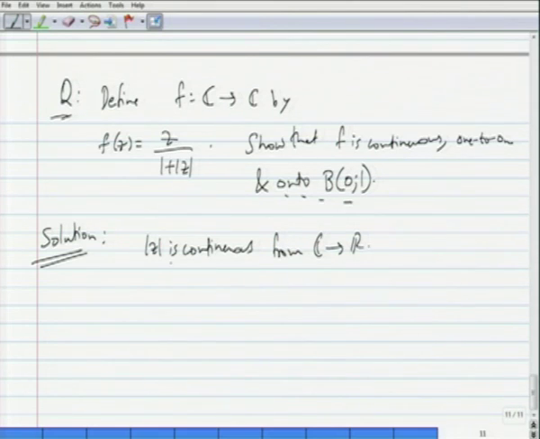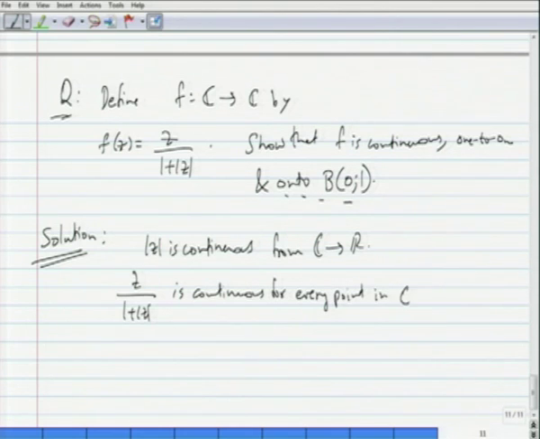So, mod z is continuous, and z is clearly continuous. So, z by 1 plus mod z is continuous by the rules for continuous functions.